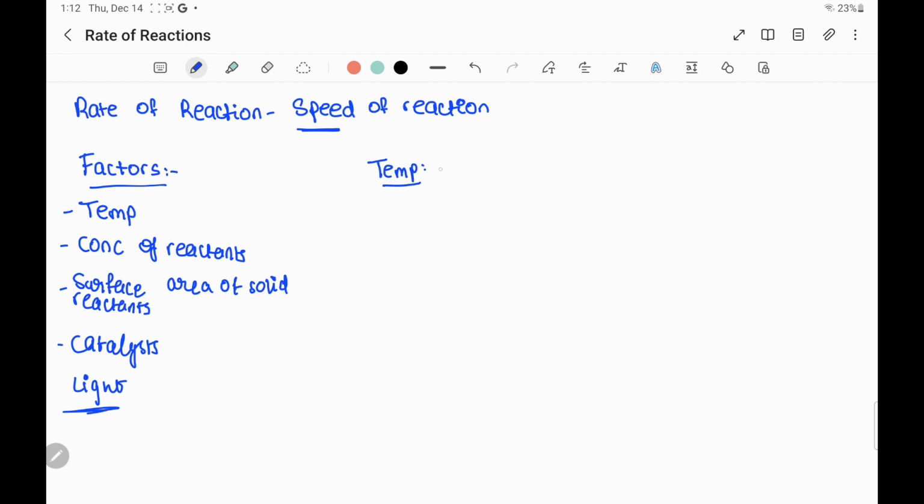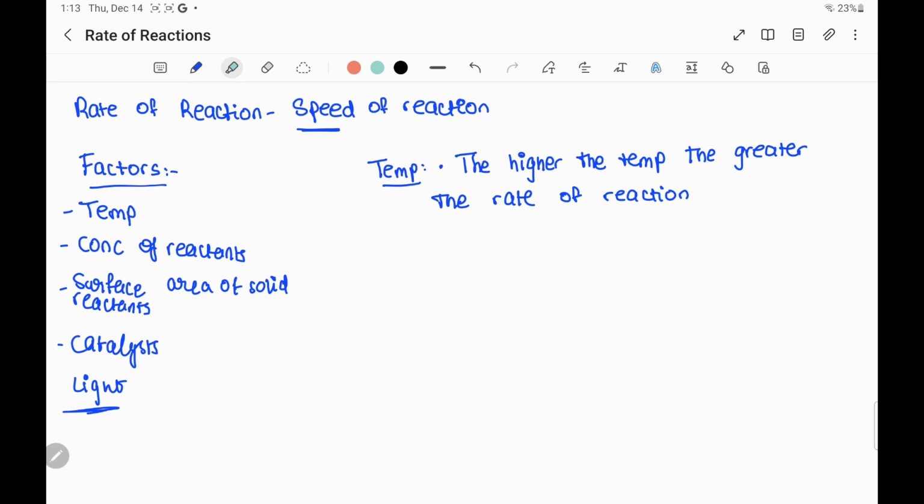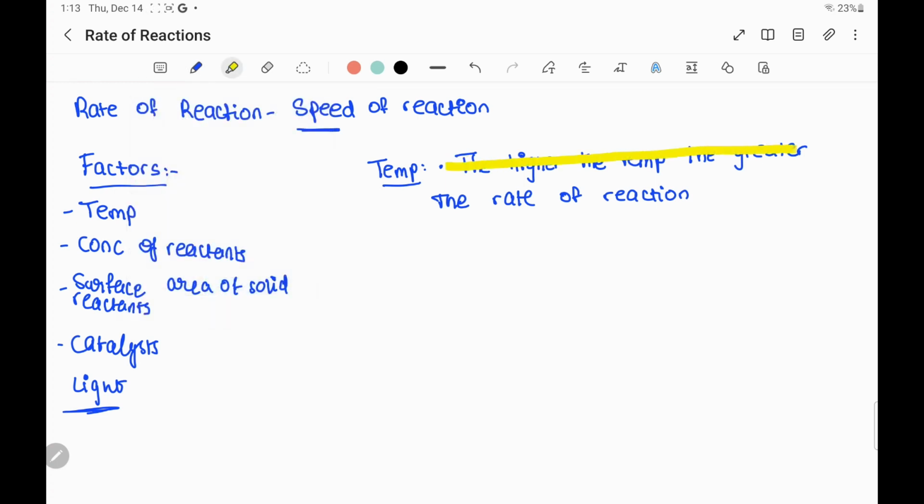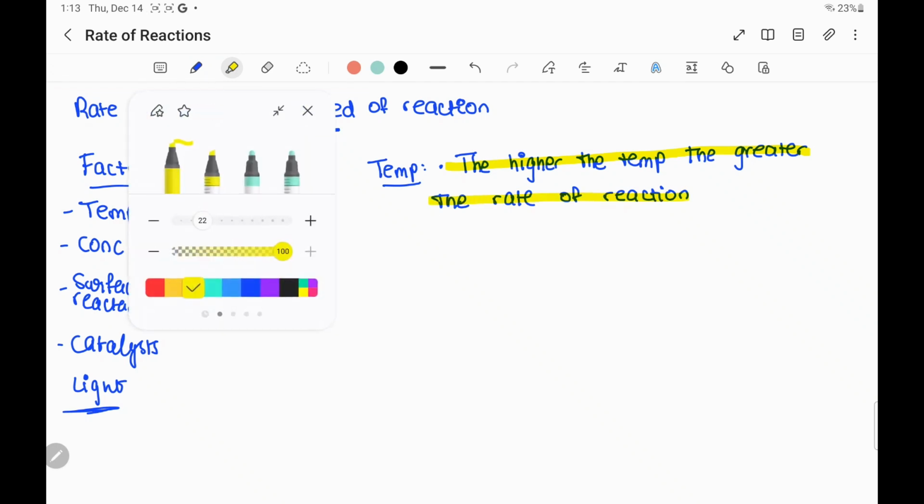The simple fact is the higher the temperature, the greater the rate of reaction. This is very important for you to know. The higher the temperature, the faster the reaction occurs.